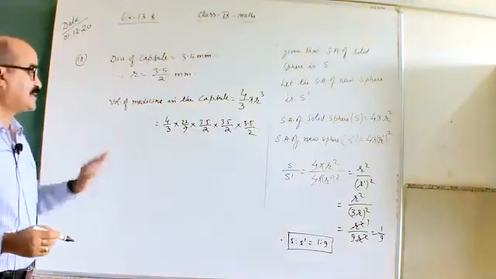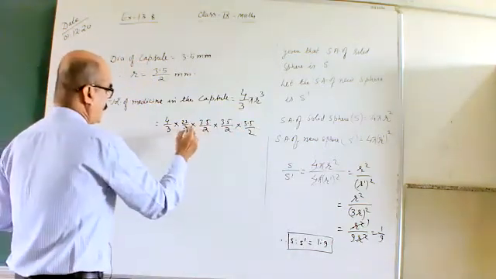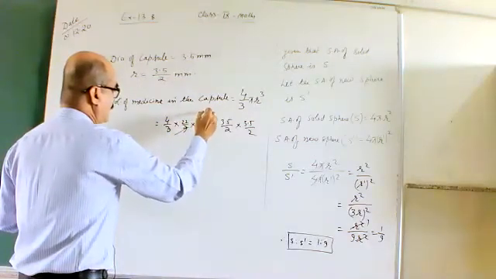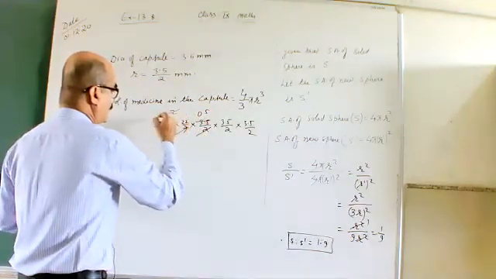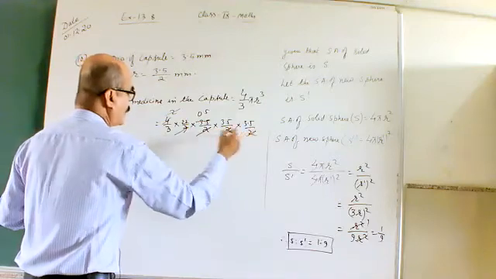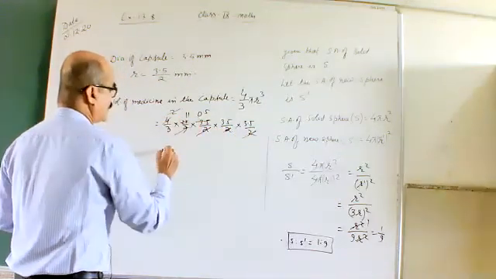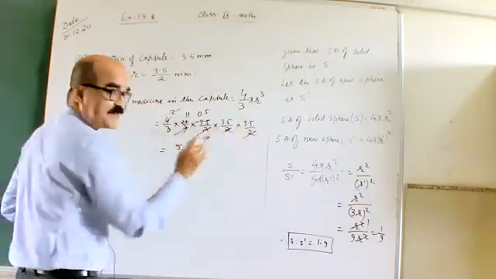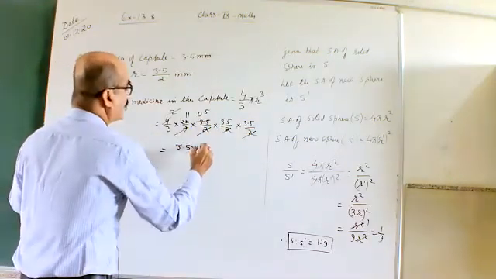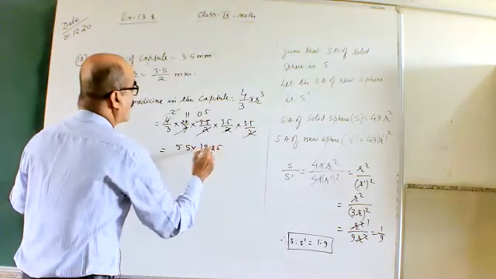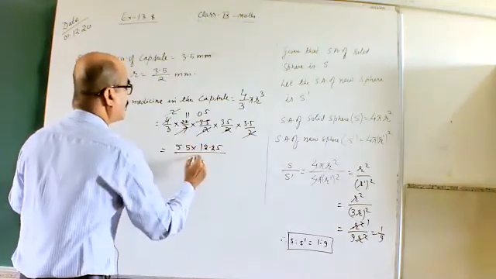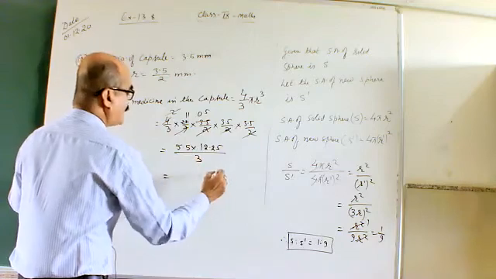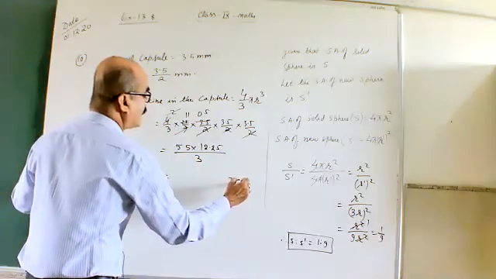Now you will calculate this. 7 5s are 35, and the 2s cancel, and 2 11s are 22. So 11 5s are 55, that is 5.5, and 3.5 into 3.5 is 12.25, and only 3 is remaining here to divide. So you multiply and divide, and you will get the answer in millimeter cube.